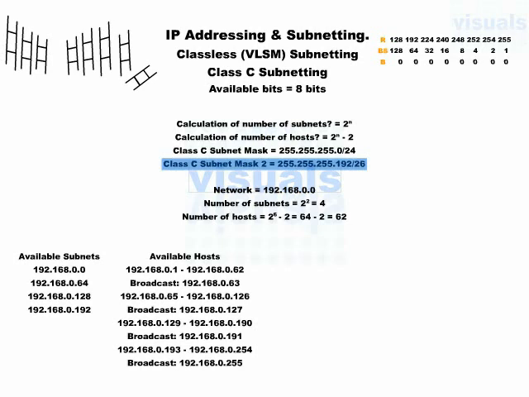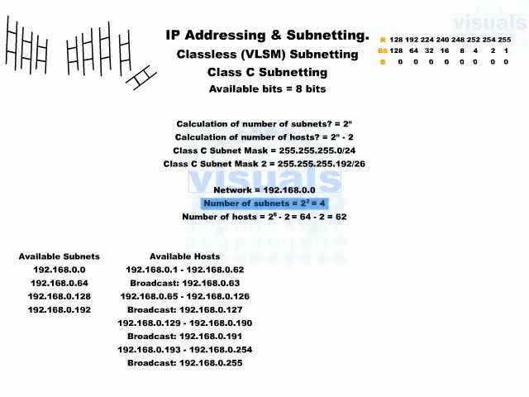As you can see, we are playing with bits from 25 to 30, so this belongs to the 4th octet. At the 4th octet you can see .192. By enabling 2 bits, you can see we are getting the 192 subnet mask. We are going to use the same network 192.168.0.0. Number of subnets: 2 raised to power 2.